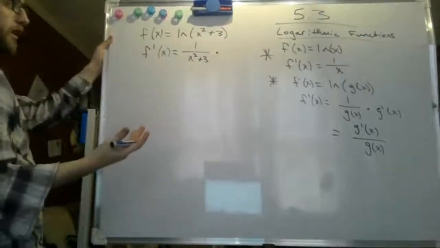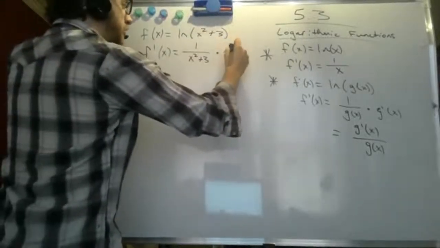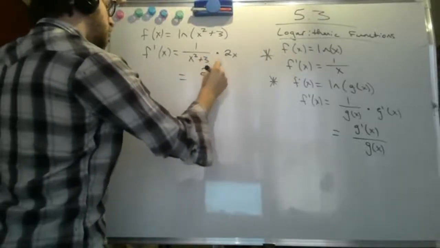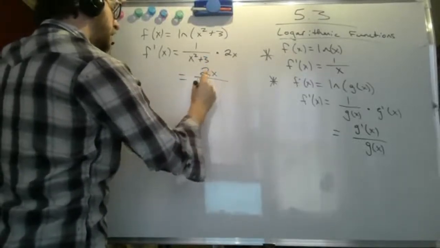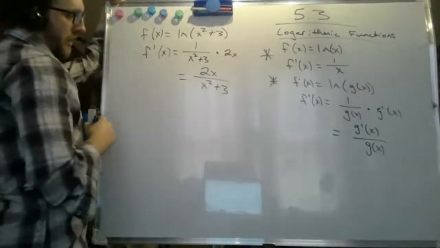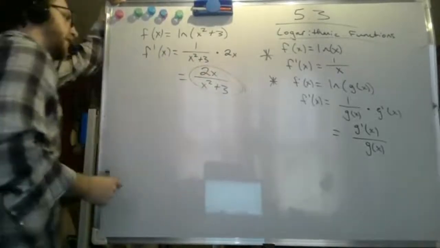And what's the derivative of x squared plus 3? Well, we just use our power rule here, and we're going to have 2x. So clean it all up, and we're left with 2x divided by x squared plus 3. And that's actually as simple as we can make it. That's your final answer in this case.